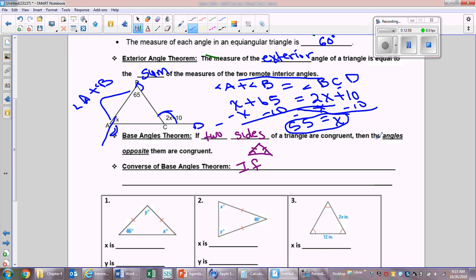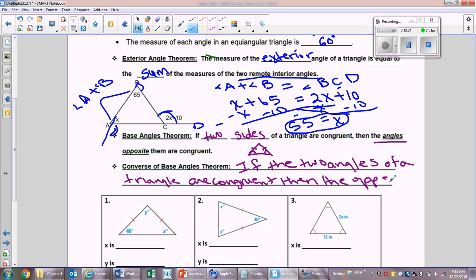So if two angles of a triangle are congruent, then the opposite sides are going to be congruent.